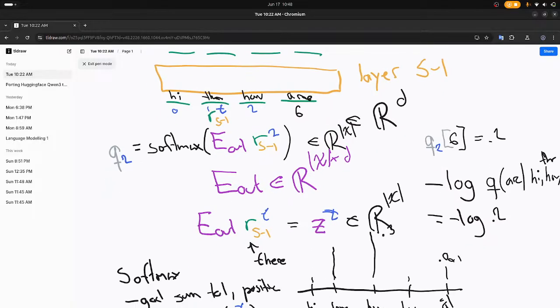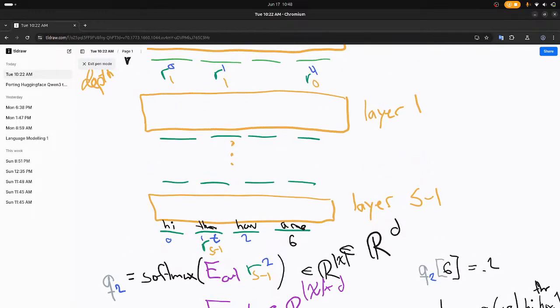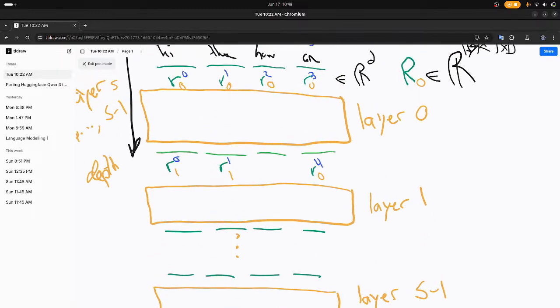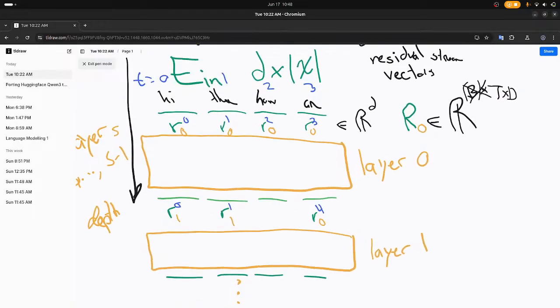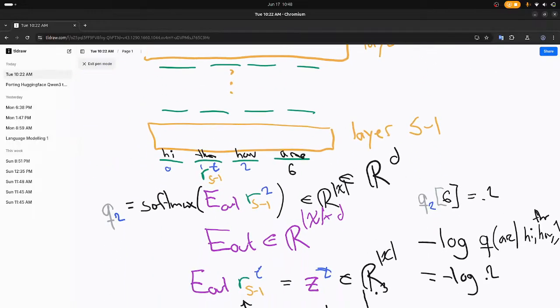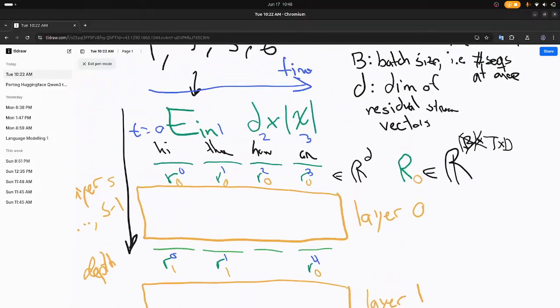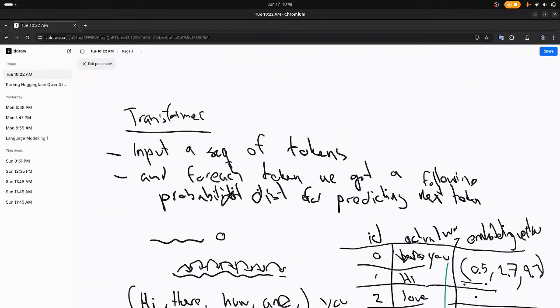Good. So now we kind of have the idea of what it means to predict. We have not yet talked about how we actually build these layers, and this is of course advanced, and we will go more advanced than just understanding the outer part, but this is a good foundation. So let's just recap it. Transformer.